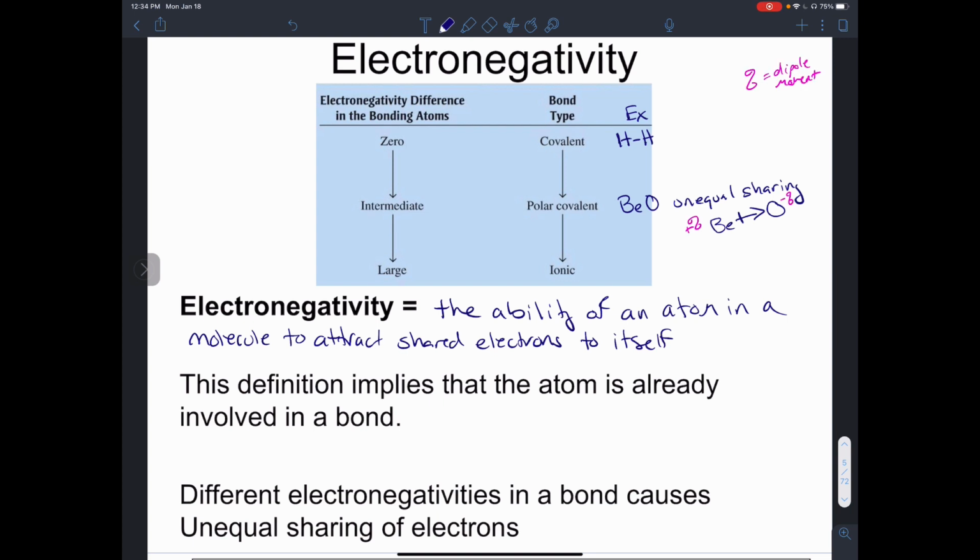When the electronegativity difference is so great, for example hydrogen fluoride, they've actually transferred electrons and become ions. So they're not even really sharing their electrons. Hydrogen gave up its electron and fluorine took it, and now these two are just attracted to each other.